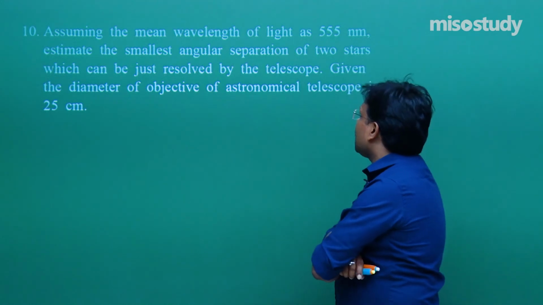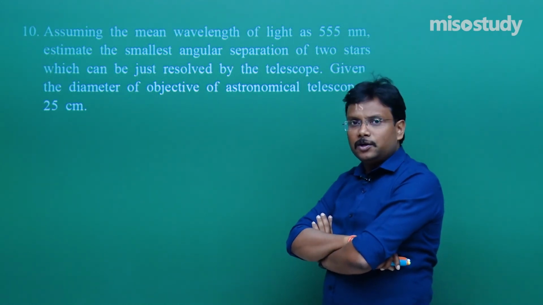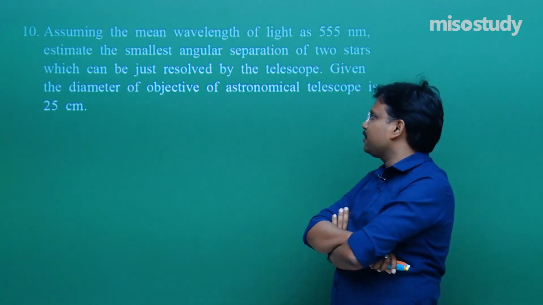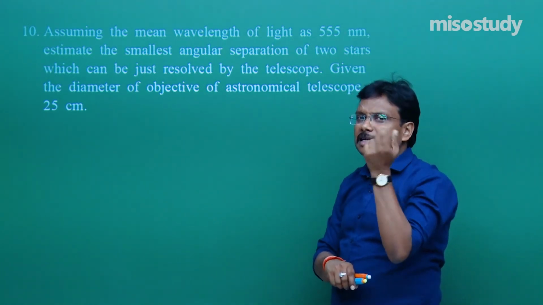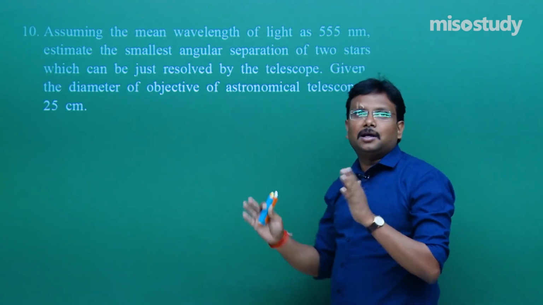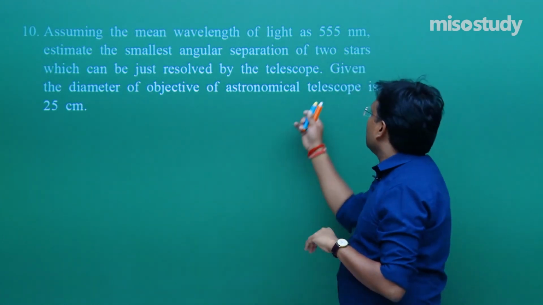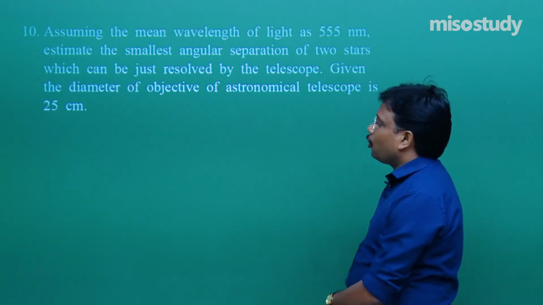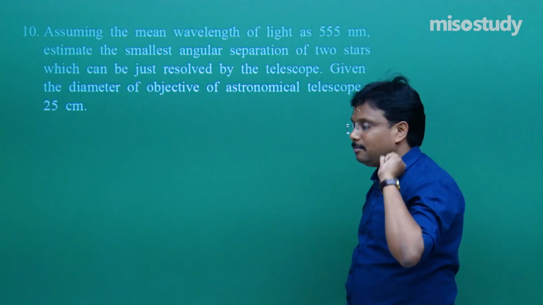So this question I picked directly from that particular video. If you are regularly revising these videos, you will say, oh, this question is just a one line question. Otherwise, the question will look at you. That's it. Given the diameter of the objective of the astronomical telescope is 25 centimeter.